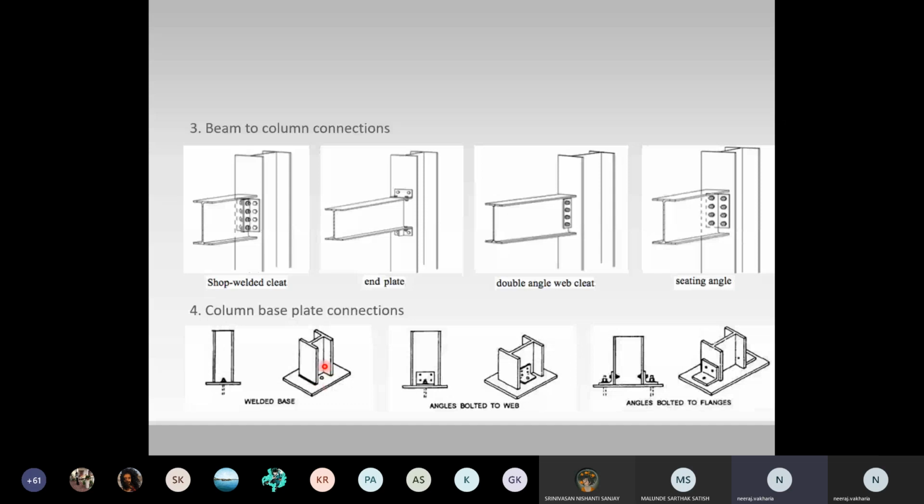Anchor bolts. We generally use anchor bolts to install this to the concrete pedestal, connecting the base plate so that uplift can be restricted during erection. These anchor bolts are fixed into the concrete, and the anchor bolt expands at the end.